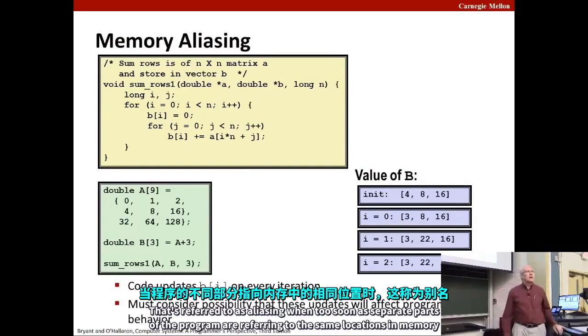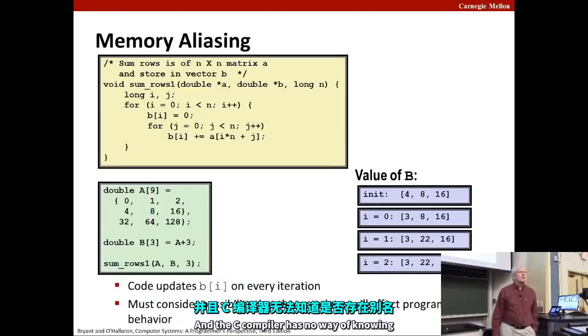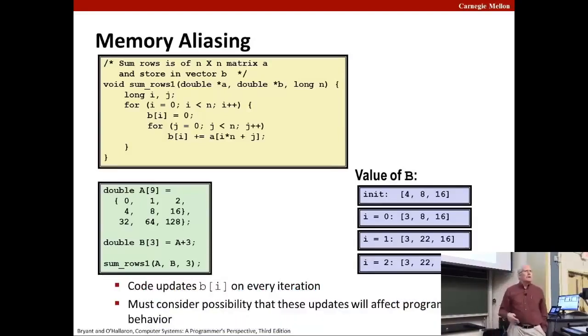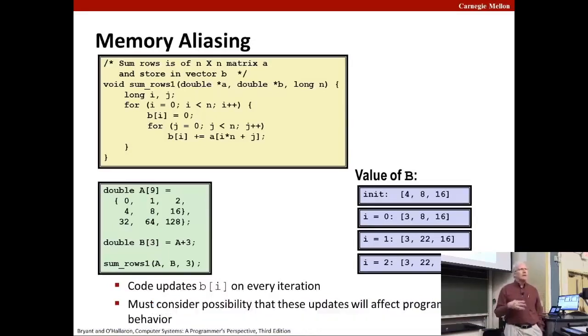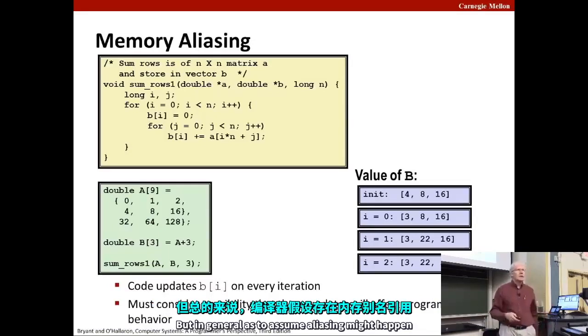That's referred to as aliasing, when two separate parts of the program are referring to the same locations in memory. And the C compiler has no way of knowing. There's a lot of work in optimizing compilers to detect aliasing possibilities. But in general, it has to assume aliasing might happen.